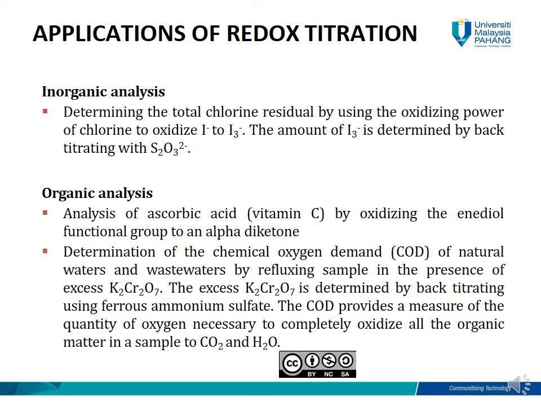The amount of triiodide ion is determined by back titrating with S2O3 2 minus ion. In the organic analysis, for instance, the analysis of ascorbic acid, which is the active functional group in vitamin C, by oxidizing the enediol functional group to an alpha diketone.